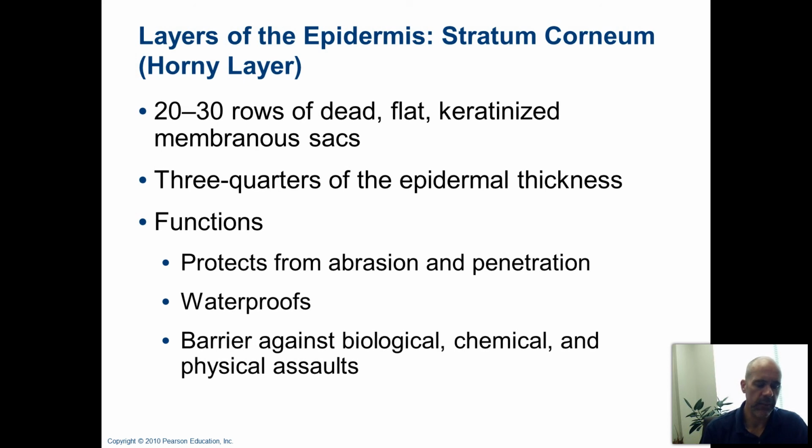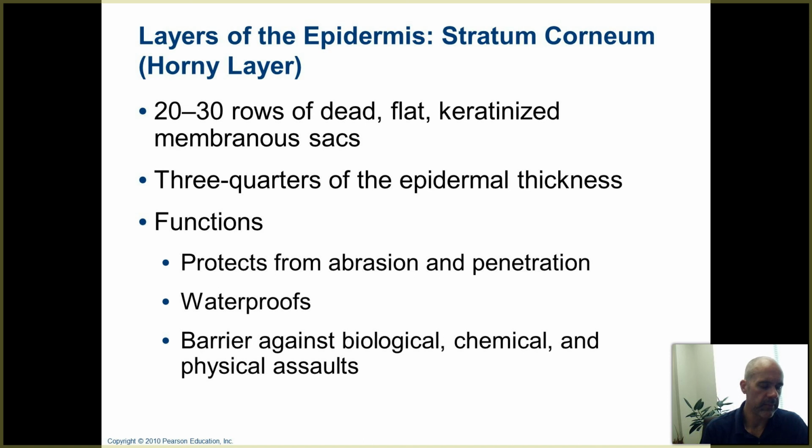All right, and then finally, when you get up to the stratum corneum, corneum, by the way, literally means horny layer. Horny in the sense that things look spiky in that area if you're looking at them under the microscope. So up in here, you have 20 to 30 rows of dead, keratinized cells.